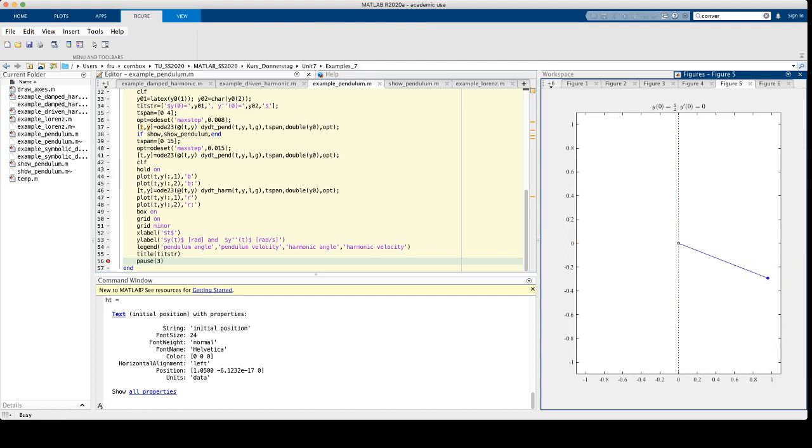Next, the pendulum starts a deviation of 90 degrees. Initial velocity equals 0. Since there is no damping, it moves strictly from 90 degrees to -90 degrees.